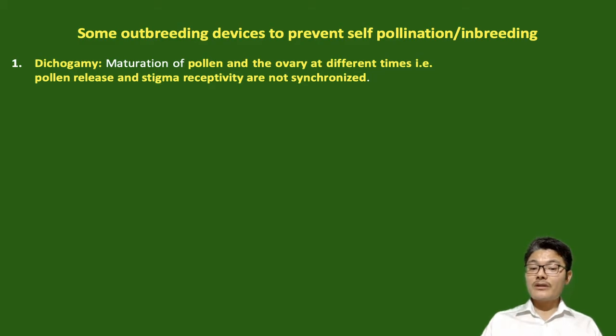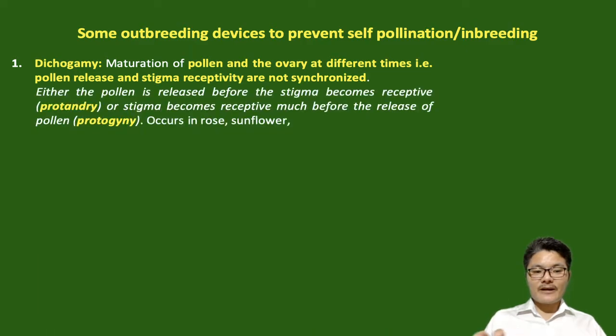If pollen grain and ovary are maturing at different times, the release of pollen grain and stigma receptivity are not synchronized. Not synchronized here refers to not occurring at the same time. If pollen release and stigma receptivity are not occurring at the same time, then there is no possibility of self-pollination, and they will be employing cross-pollination.